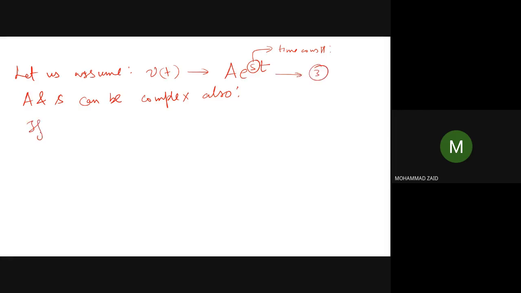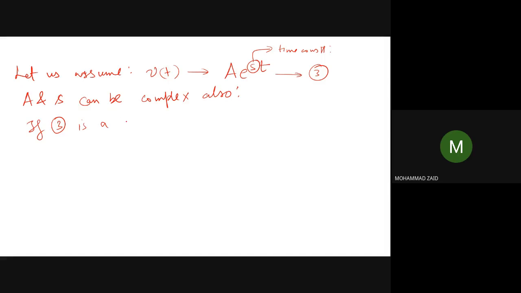Now, if 3 is a solution, we are taking the reverse route. We are not directly attempting the solution of the second order differential equation, but taking the reverse route because we know certain things in advance. We are assuming a solution and then putting it back in our equation.